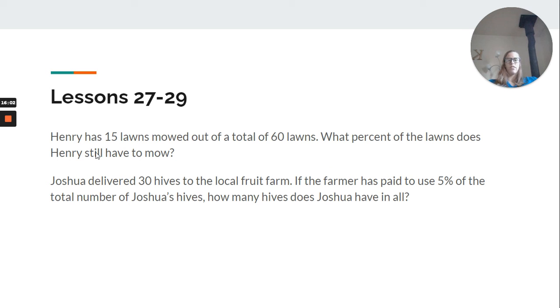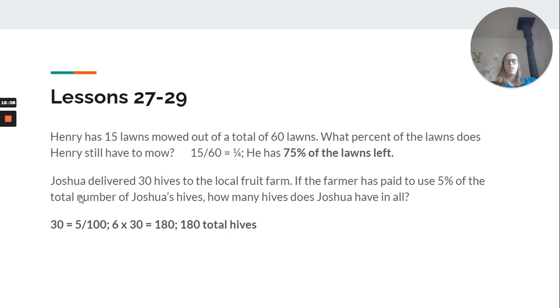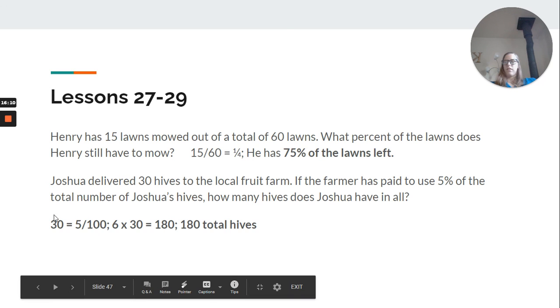So 60 minus 15 gives us 45, which is going to be 75%. And then Joshua, 30 equals 5 over 100. We can take 6 times 30 to get 180, which is the total number of hives here.